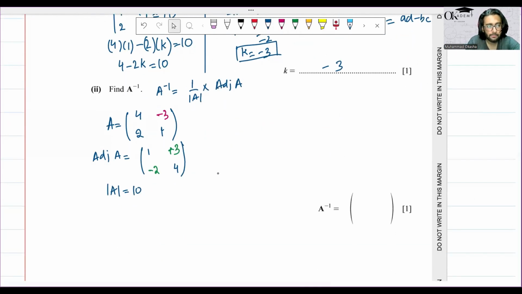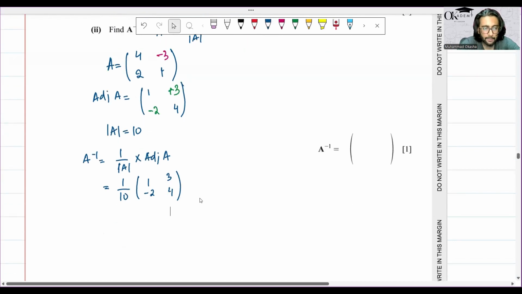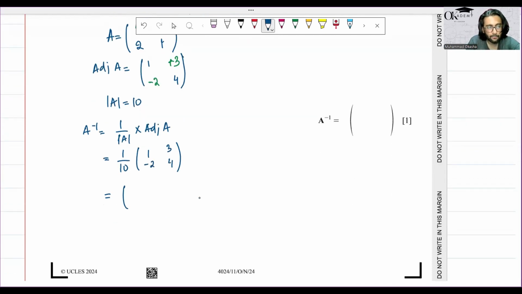A inverse is equal to 1 over the determinant of A multiplied by the adjoint of A. 1 over determinant of A is 1 over 10, and adjoint of A is 1, 3, -2, and 4. If I divide everything by 10, you're going to get 1 by 10, 3 by 10, -2 by 10, and 4 by 10.